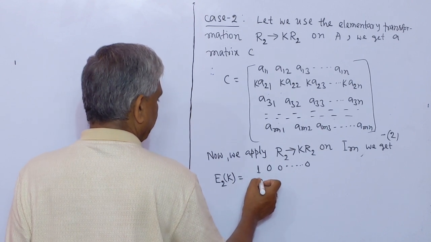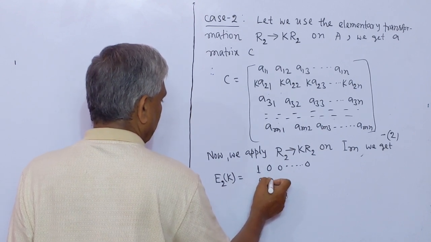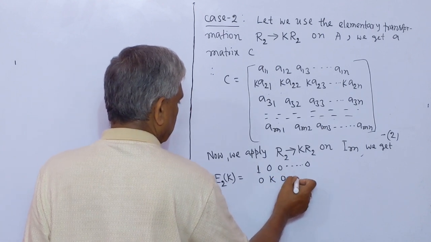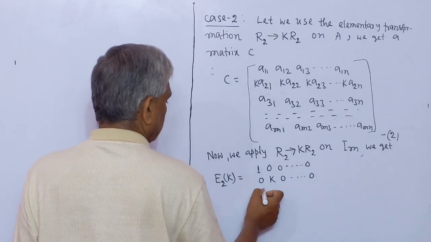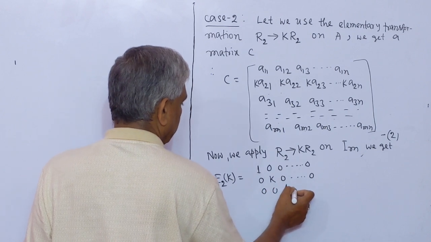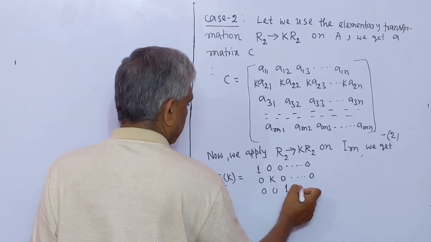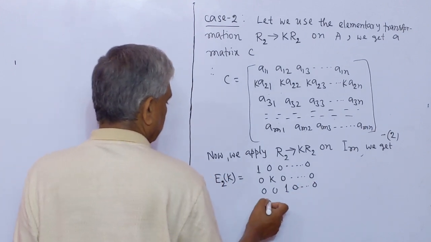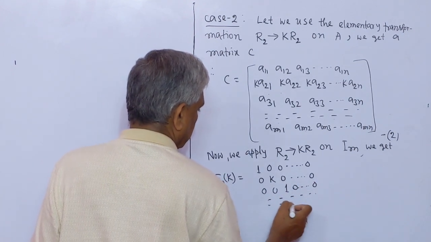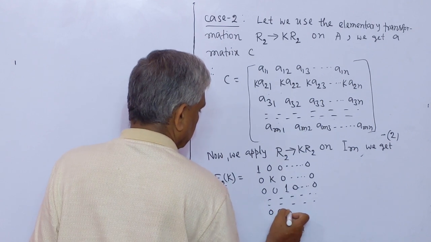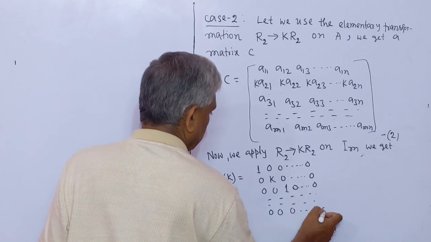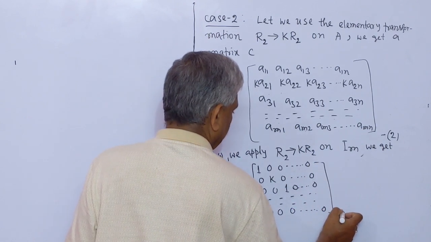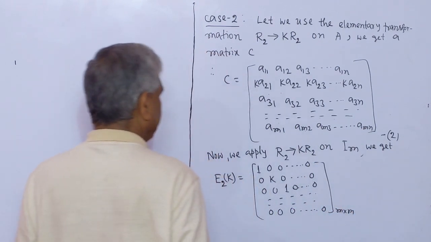Second row 0, K, 0, 0, 0, 0, 0, then 1, 0, 0, 0, 0. This is an M by M elementary matrix.